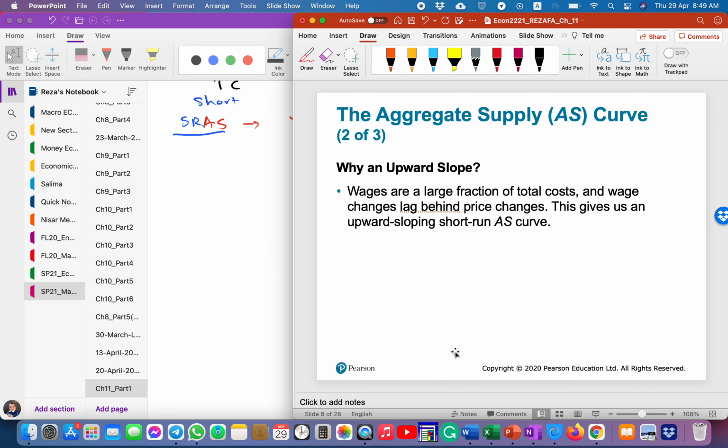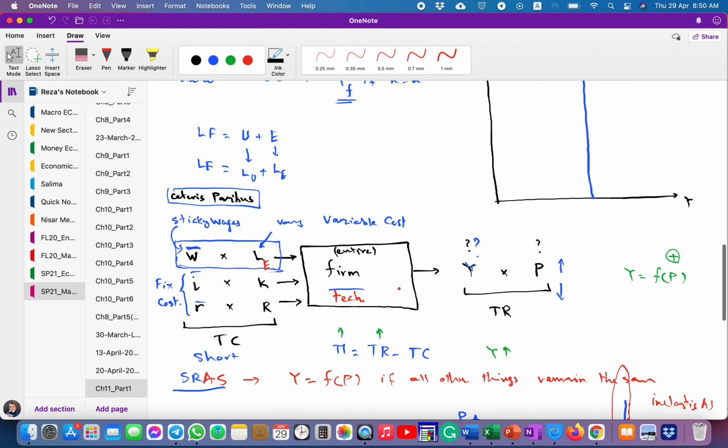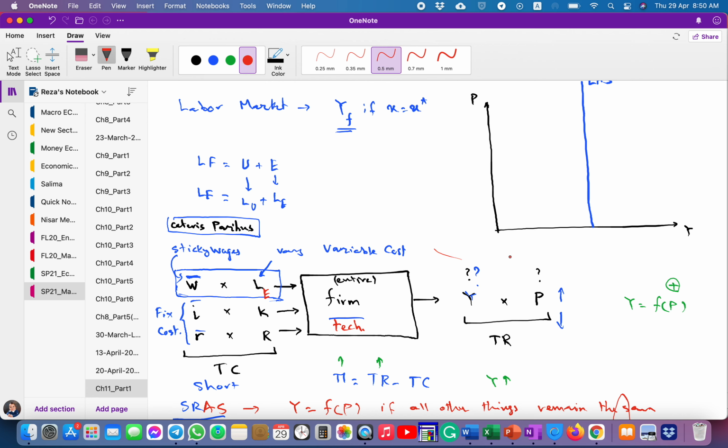So why is it upward sloping? It is because wage is a considerable fraction of the total cost on the input side, and wages are not going to change instantly with the change of the prices. You may ask, if the price changes, the labor market is going to be affected and the wages start changing.